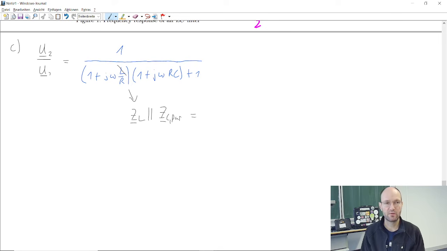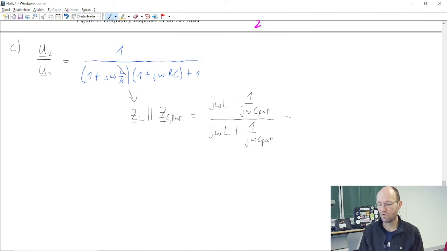So once again, how can I write this parallel circuit? For example, as product of the impedances divided by the sum. So we have j omega L multiplied with 1 over j omega C parallel, divided by j omega L plus 1 over j omega C parallel. So how to simplify this expression?